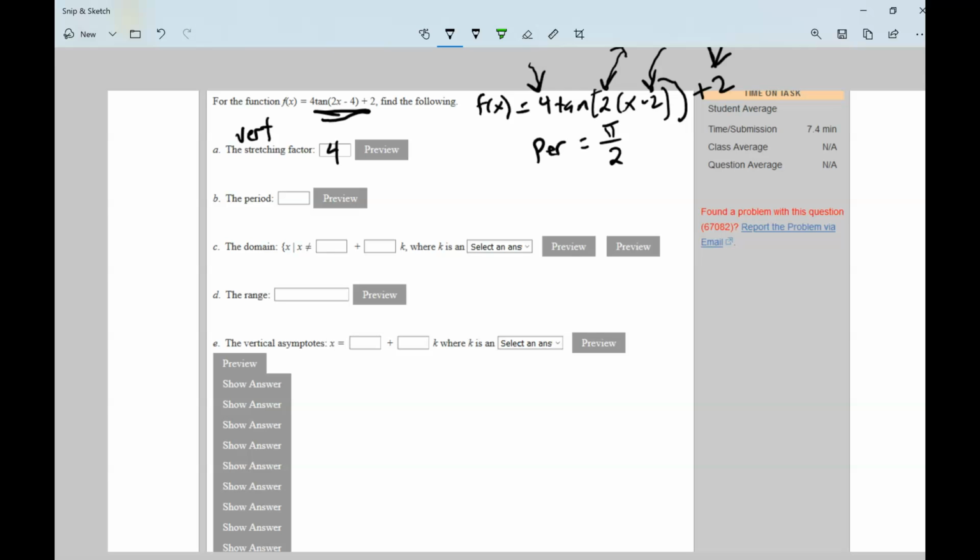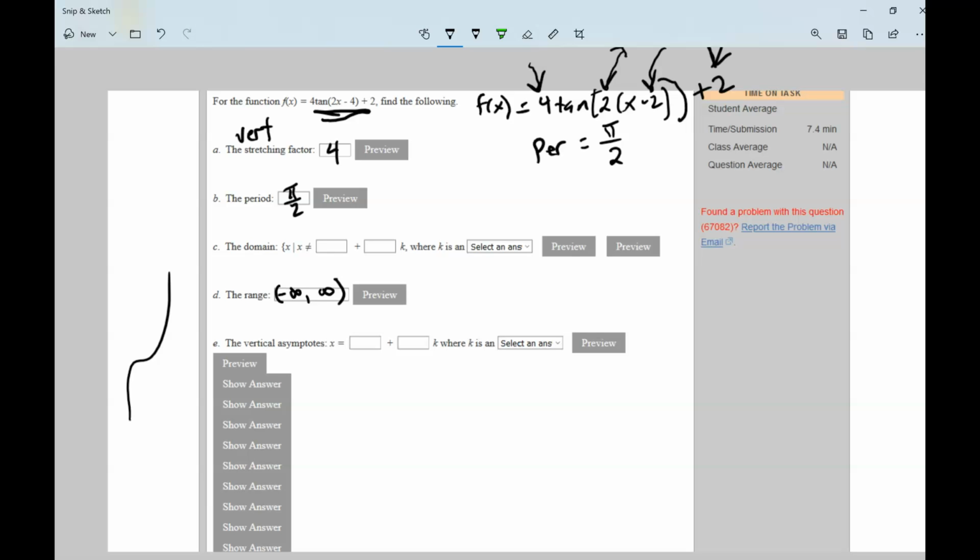So the period is, now, and then I'll skip down to the range. The range is just all the possible y values. Since this is tangent, and we know tangent goes like that forever, the range is just all real numbers, so you'd put negative infinity to infinity as the answer for the range.